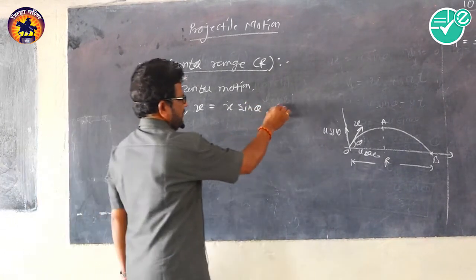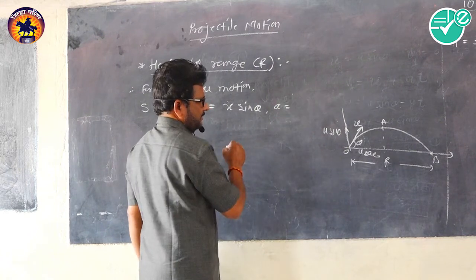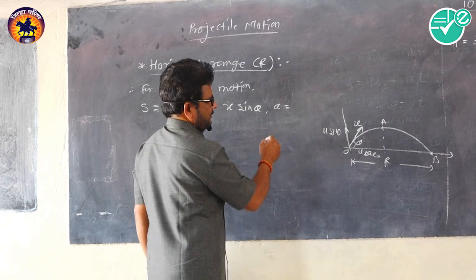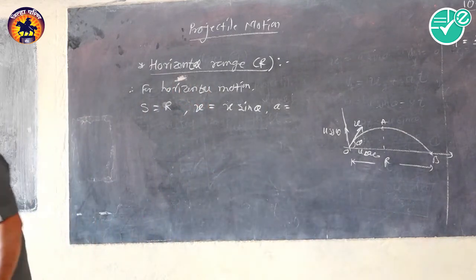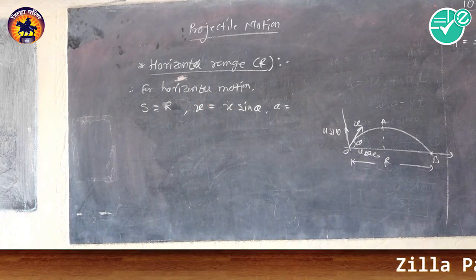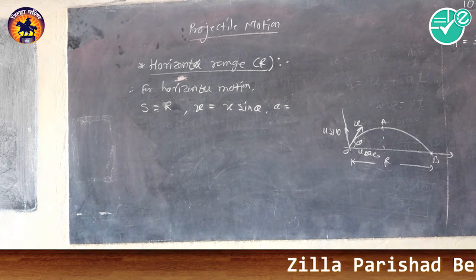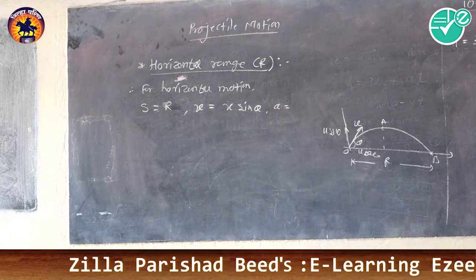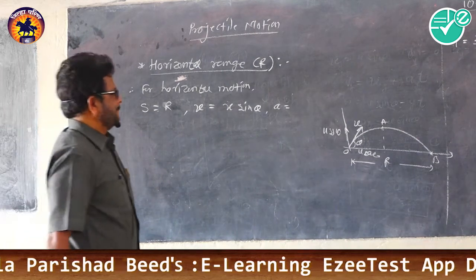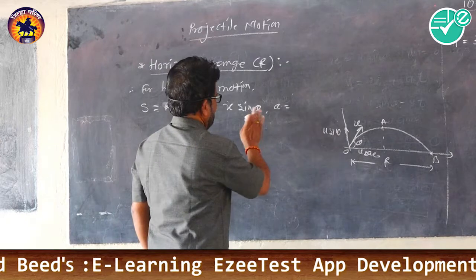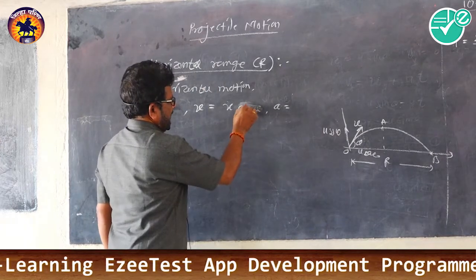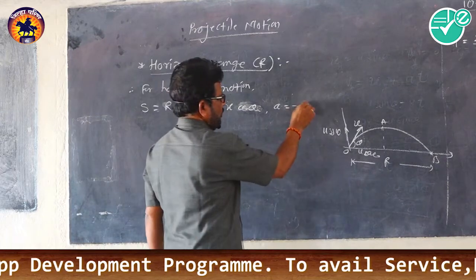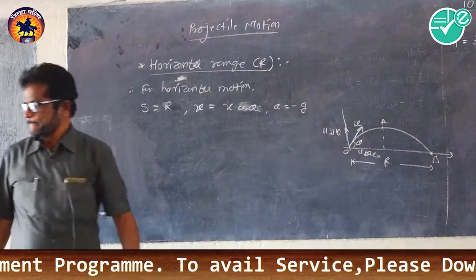The acceleration of the particle is, vertical velocity component is u cos theta, and acceleration is equal to minus g.